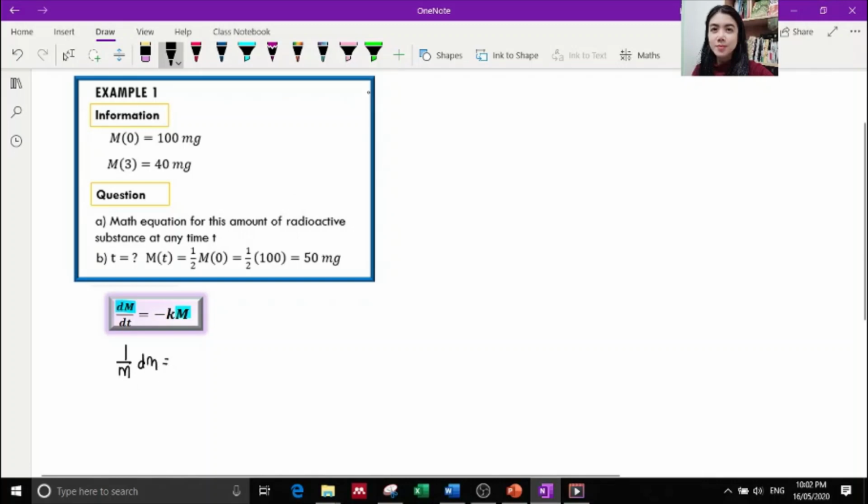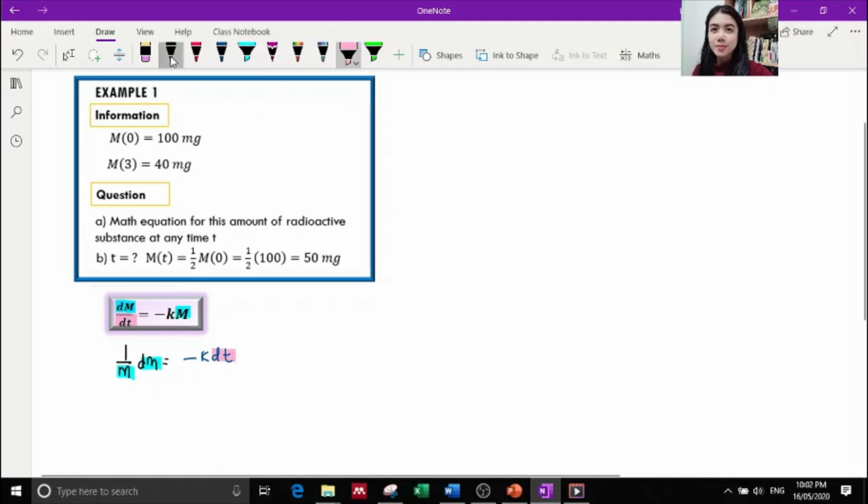And you bring the dt to the right hand side, together with the k. So on the right hand side, you will have minus k dt. This is the left hand side and this is the right hand side.